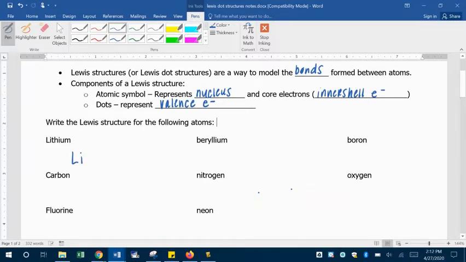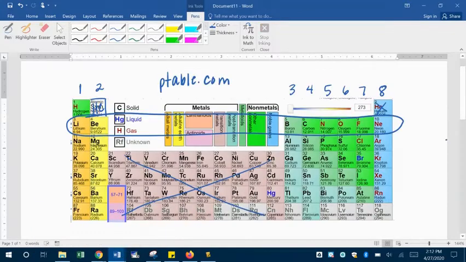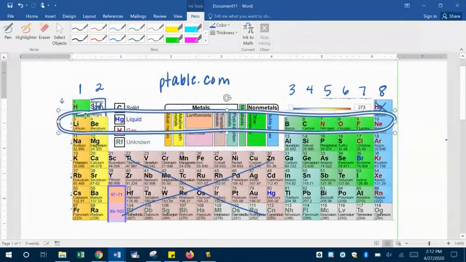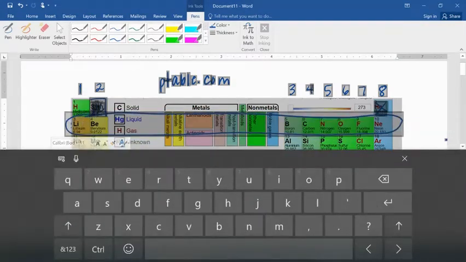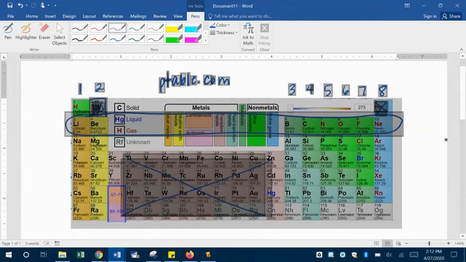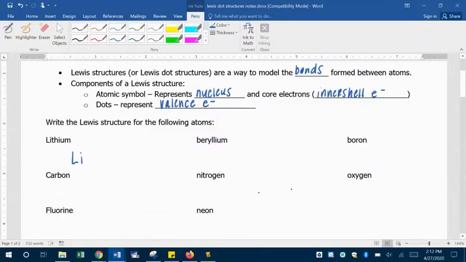And then we only want to use a dot that represents the valence electron. So because lithium is in our first group, lithium is then going to have 1 valence electron. And we show that 1 valence electron with just a simple dot. It doesn't matter if you put that dot on the top, on the left, on the right, below. I drew it on the right, doesn't matter.